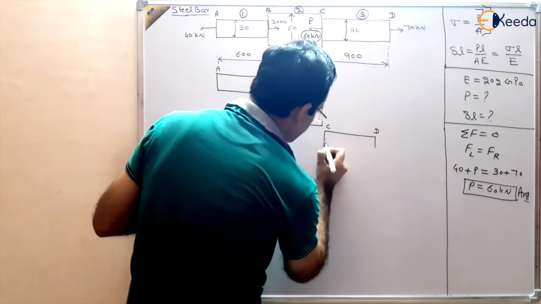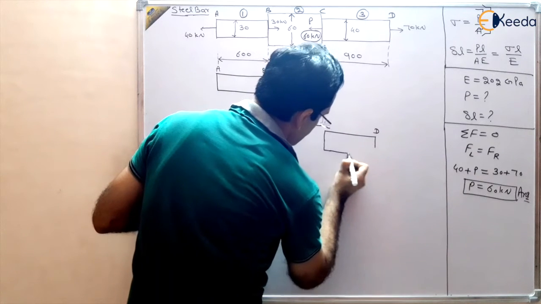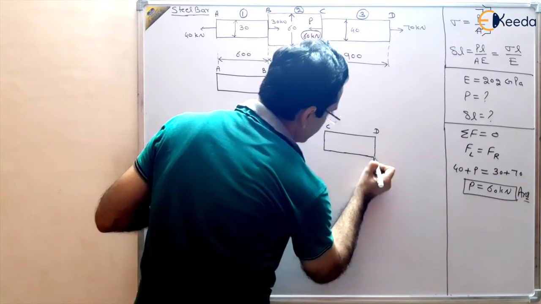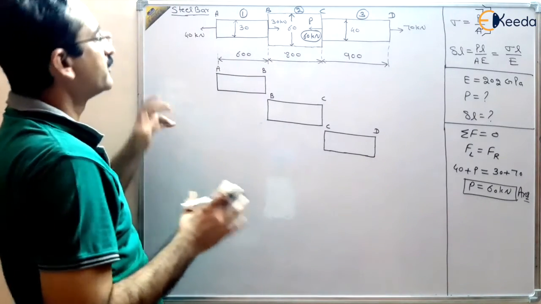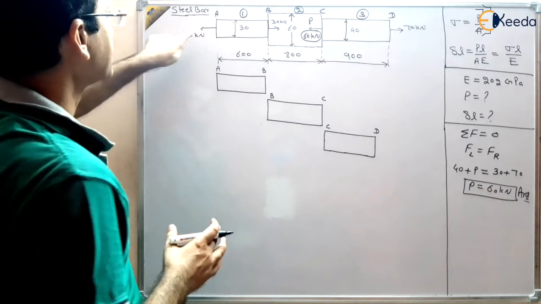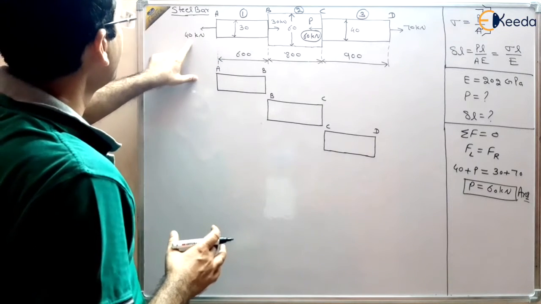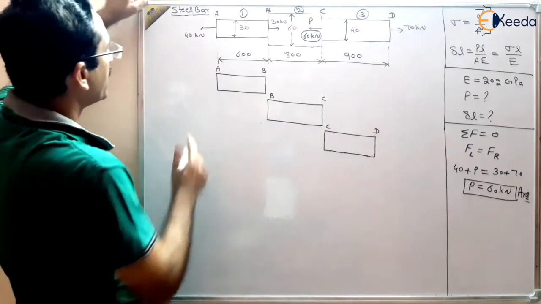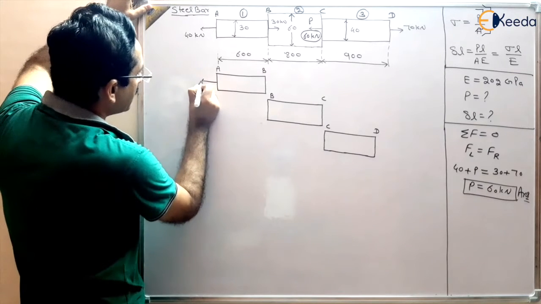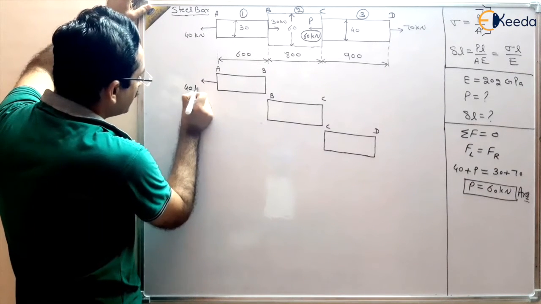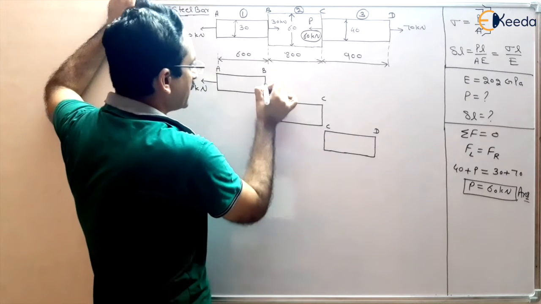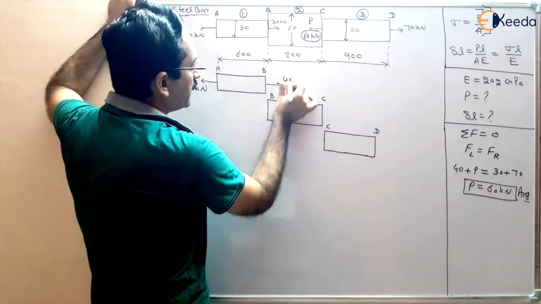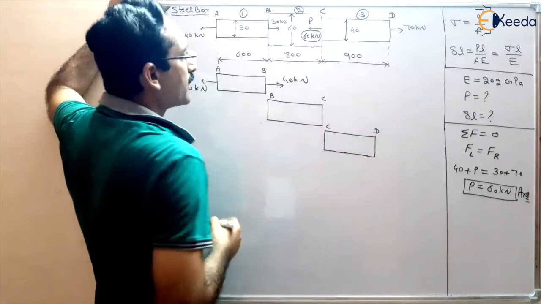So let us find out the forces first in those points at those sections which are not common to any other section. Like point A, here 40 kilonewton force is not shared by any other section, so we can write here that there must be 40 kilonewton force, and because this AB is in static equilibrium, there will be 40 kilonewton rightward also.